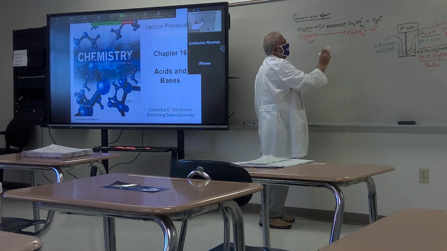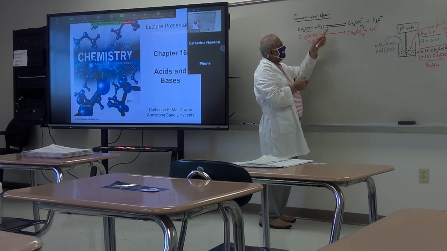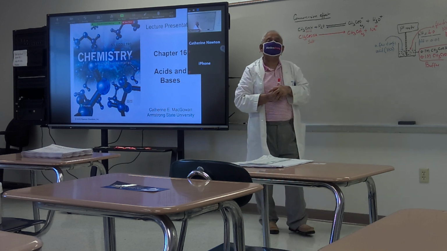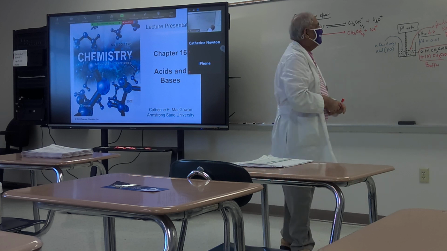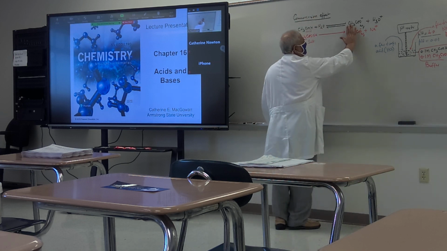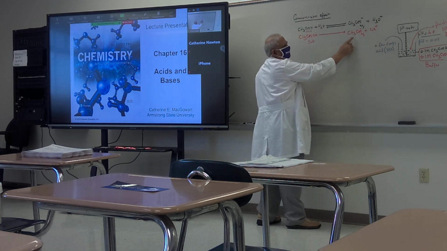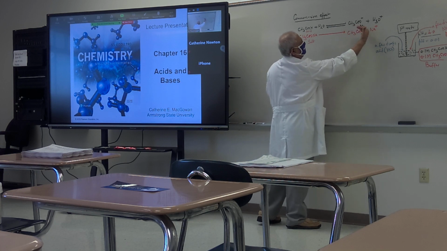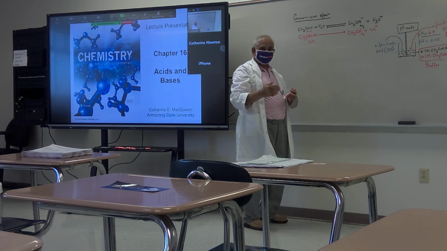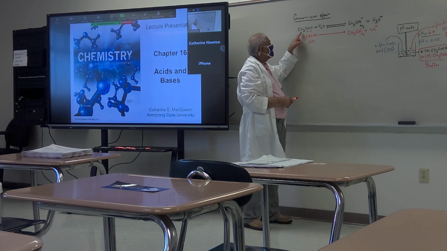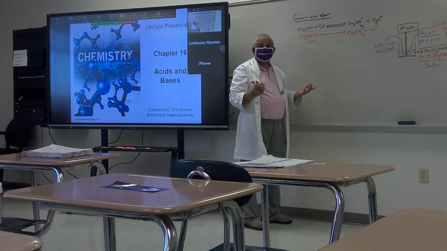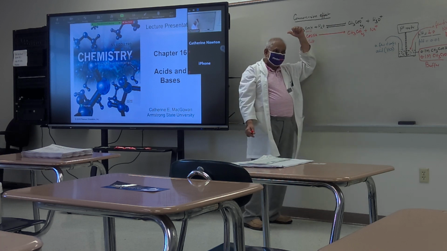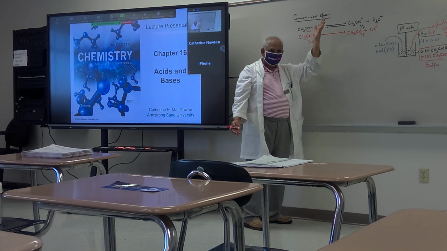And when you add sodium acetate to this mixture, this is a reversible equation, correct? What is the effect of concentration on the equilibrium of a reaction? If you increase the concentration of the products, if you increase the concentration of acetate on the right side, the equilibrium shifts to the left side. Understand my point? So the concentration of acetic acid increases because it shifts the equilibrium in the opposite direction. Understand?